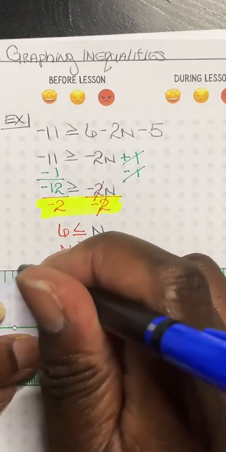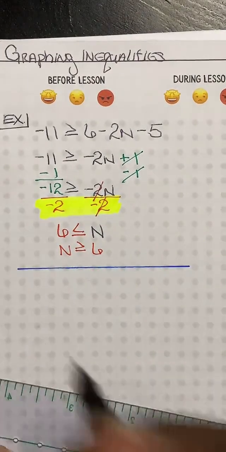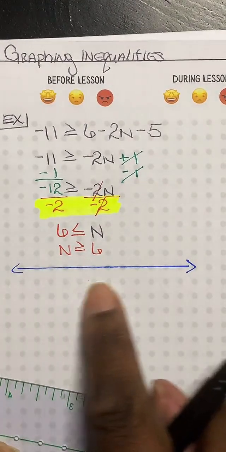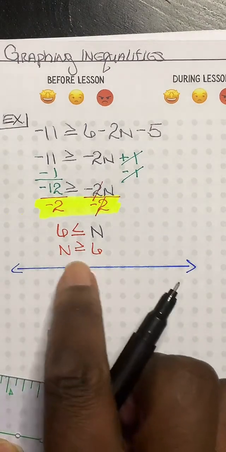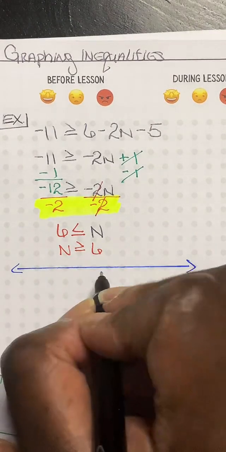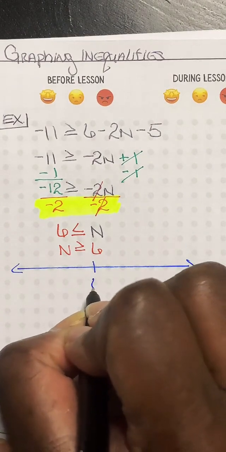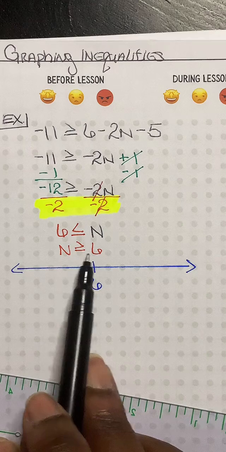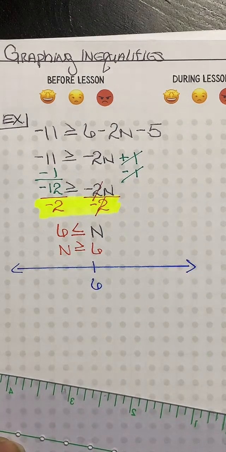So nice, simple number line. We're not going to go too crazy. And instead of drawing out the whole entire number line, since we have basically one solution at 6, we can do it like this. And we're saying that n is greater than or equal to 6.